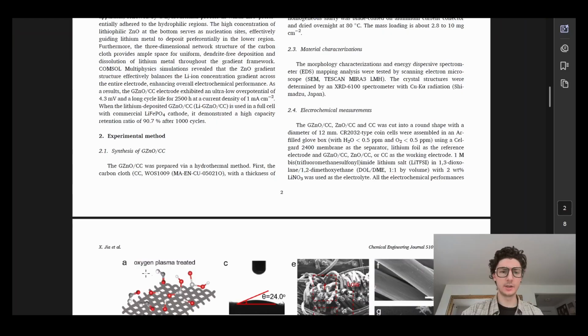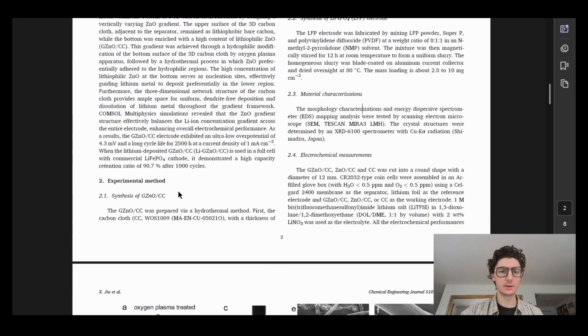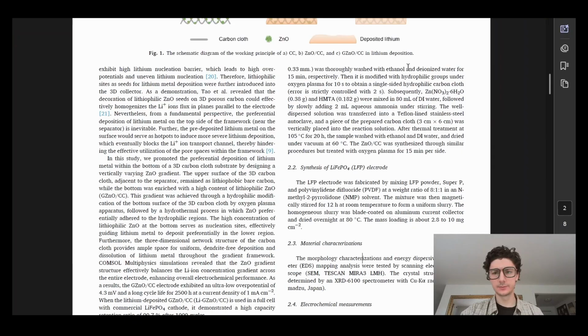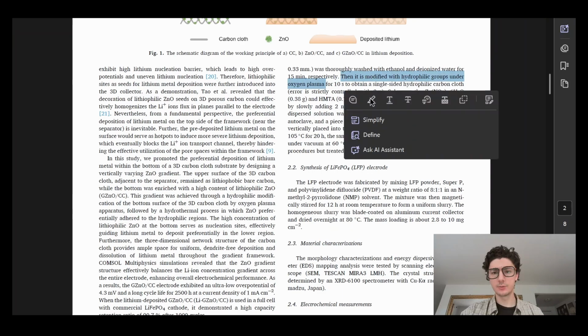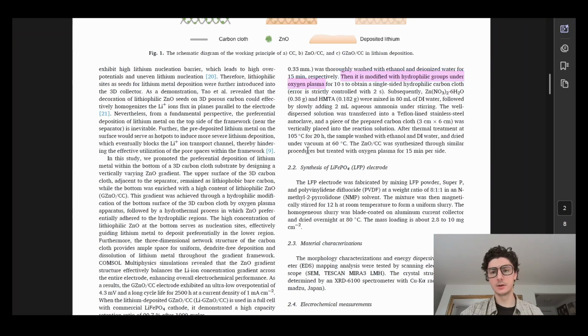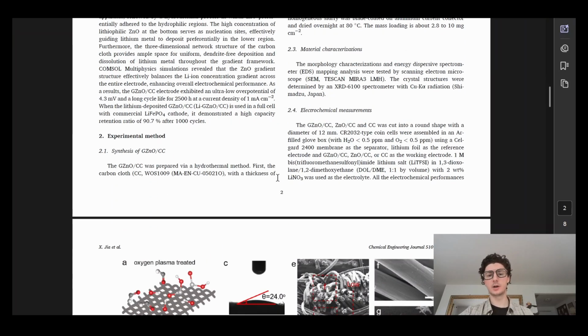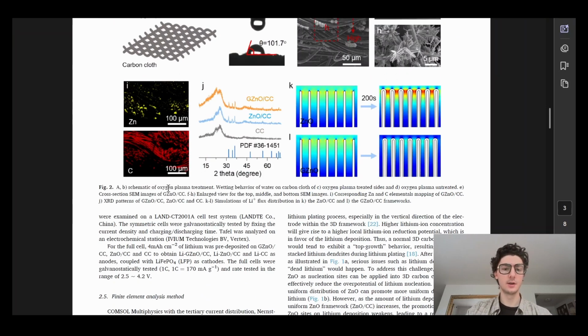I might actually go up here to see where they talk about oxygen plasma. Oxygen plasma is interesting to me. So I'm going to just highlight that real quick, but I'm not going to read too much about it. It's just interesting.